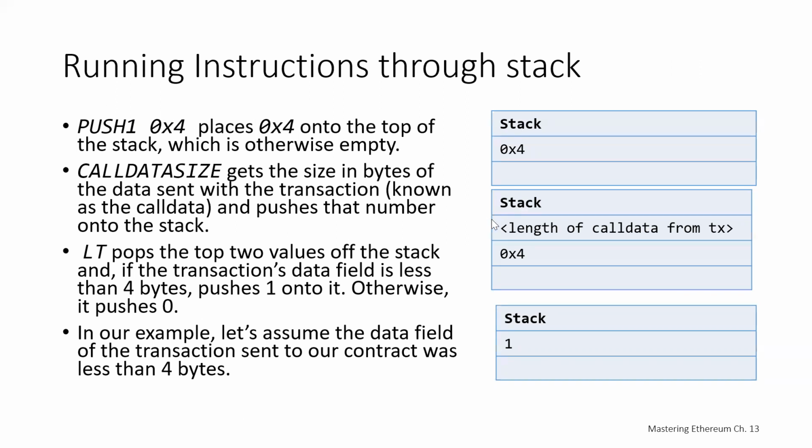So now our stack has the length of the call data as well as hexadecimal 4. Less than pops the two top values of the stack, and if the transaction data field is less than 4 bytes, it will push 1 onto it. Otherwise, it pushes 0. So if we assume that the data field was less than 4 bytes, now our stack has the number 1 on it.